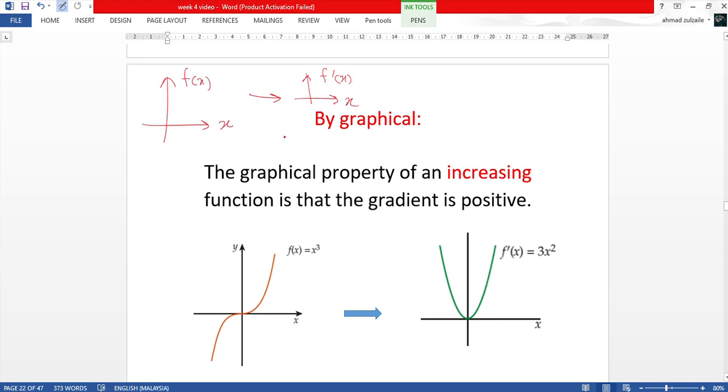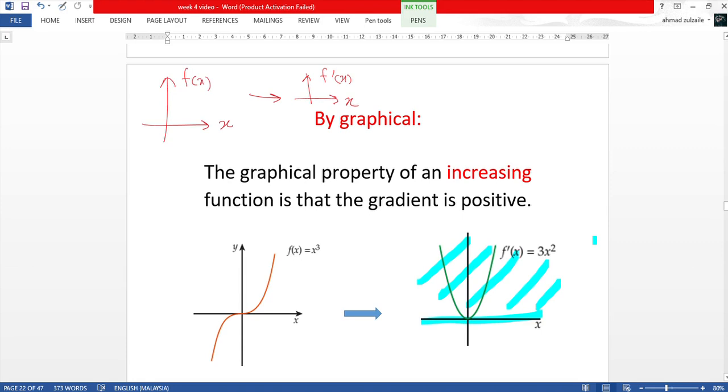Which chapter is the graph of gradient? Chapter week number 2. Okay, the understanding is from chapter week number 2. So if the graph is increasing, the gradient is positive. What does positive gradient mean? If we sketch the graph, it will lie above the x-axis. This is your x-axis. They will lie above. This is where your gradient is positive.